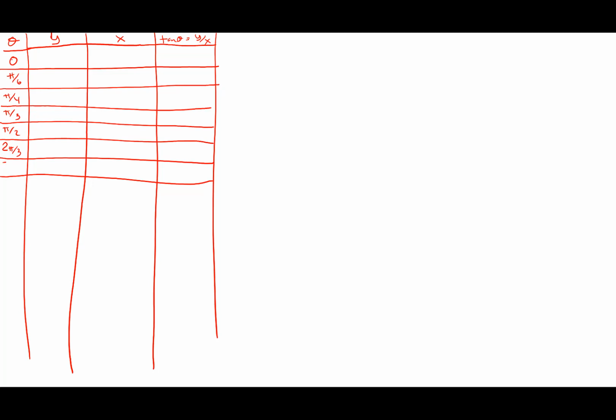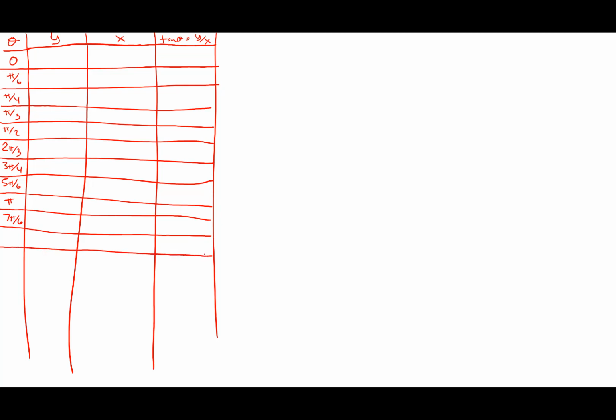Alright, next one is 3 pi over 4, 5 pi over 6, then we have ourselves pi, then we have ourselves 7 pi over 6 off the unit circle. This is where I'm getting it from.